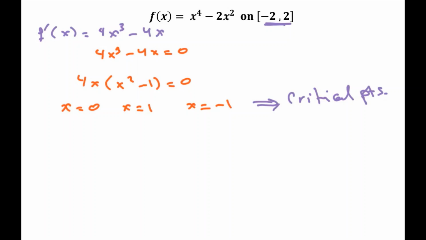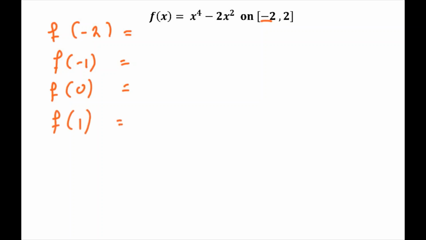We need to find now the value of the function at these points and at the endpoints. So we're going to go here and say, what is f of -2 first, f of -1 a critical point, f of 0 a critical point, f of 1, and f of 2 endpoints. So these two are endpoints and the rest are critical points.